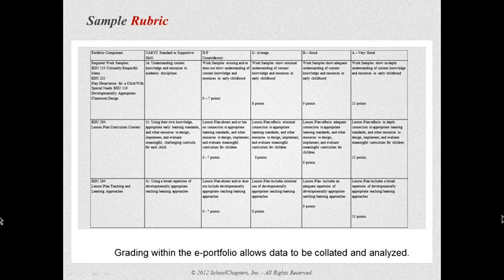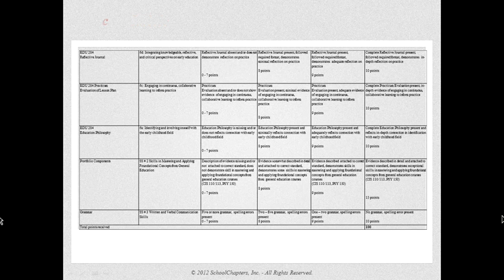To get the very good points, the most points, it has to show an in-depth connection to appropriate learning standards. And they have to design, implement, and evaluate meaningful curriculum for children. So they attach one of the lesson plans they have to teach in their practicum experience to this standard. I've moved to the second page.